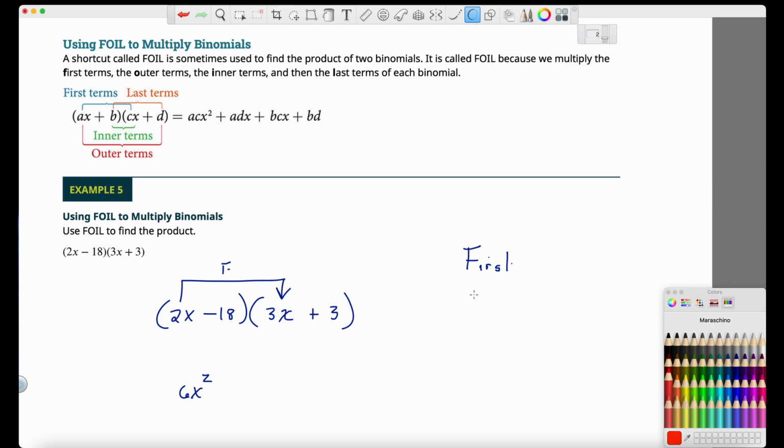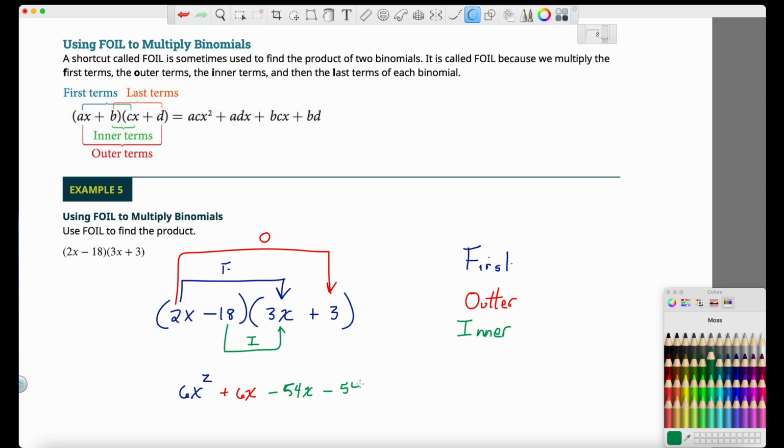So 2x times 3x is 6x squared. Now we're distributing to the 3. That's our outer term. So we've done all the 2x, and now it's time to distribute the 18 into this second binomial here. So we go inner, negative 54x, and then outer, negative 54.